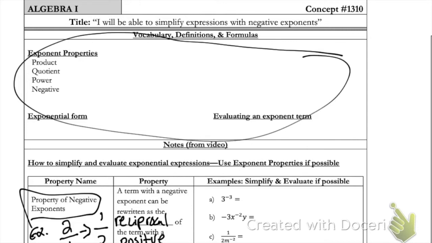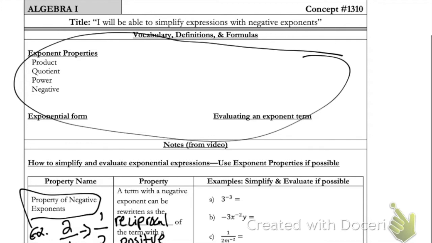In these examples, we are going to look at how we can get rid of negative exponents. Letter A here, we have the term 3 to the negative 3, and that's a no-no in math. So how can we get rid of this negative exponent?